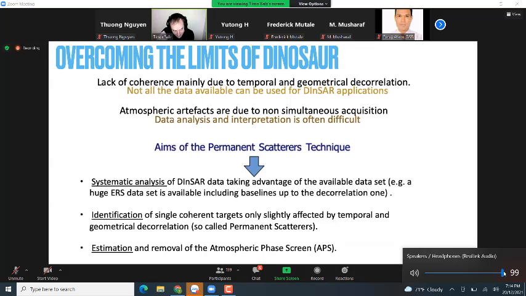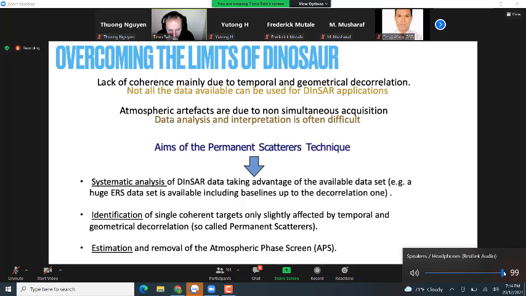So what we do with permanent scatter is we're looking at many images, not only 2 or 3 images, but a rather large number of images, what we can call a stack of images. And then we're looking at single targets.